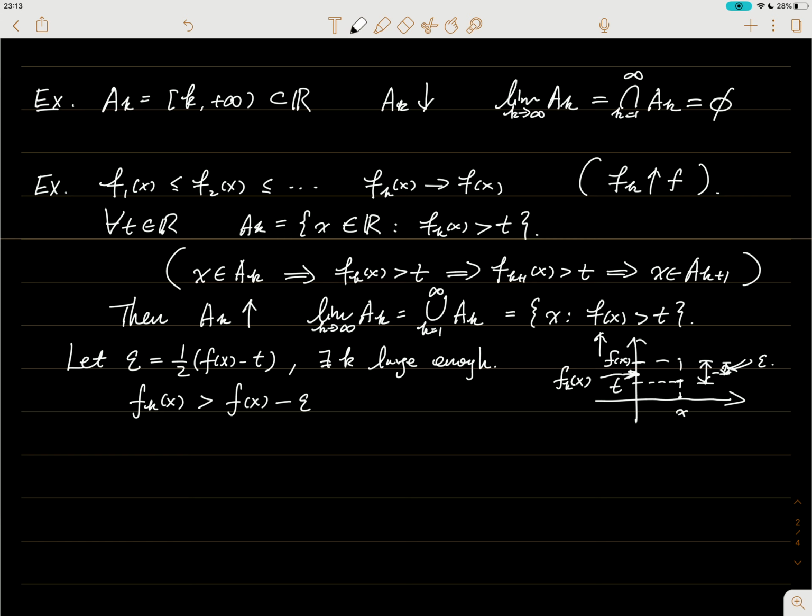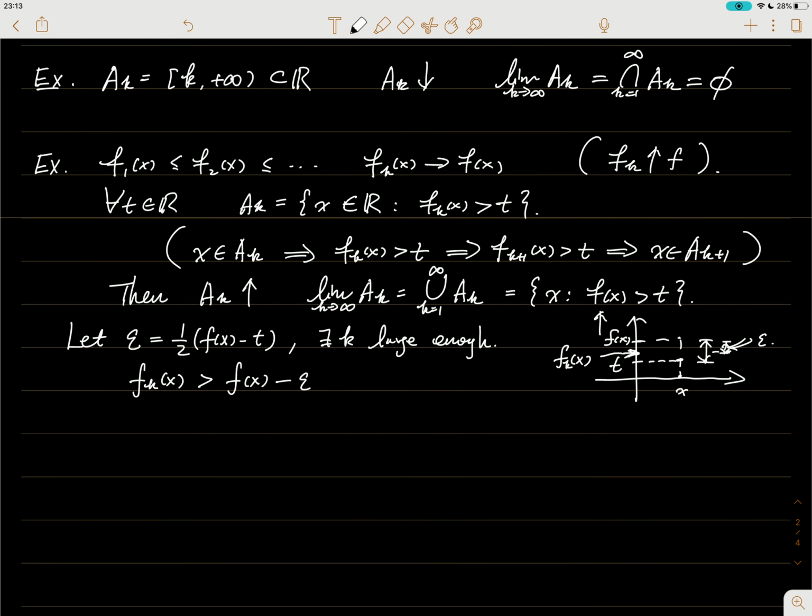So that's why this is true. Okay, and therefore x must be inside A_k. So for any x on the left-hand side in this set, it will belong to one of those A_k eventually. So that means this right-hand side will be a subset of the union of A_k, or the limit of A_k. So this proves that these two sets are equal. Okay, so this is just equal to this set.